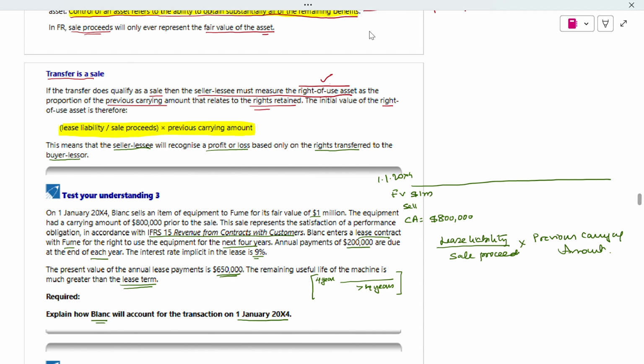How much is the lease liability? 650,000. How much is the sale proceeds?